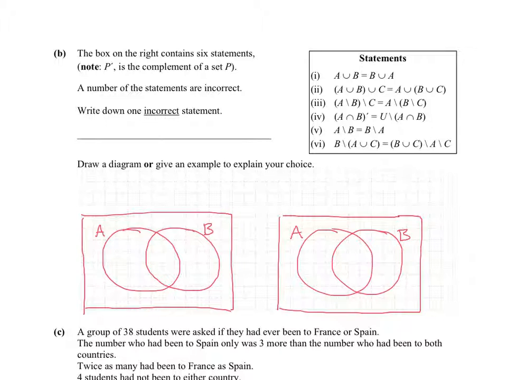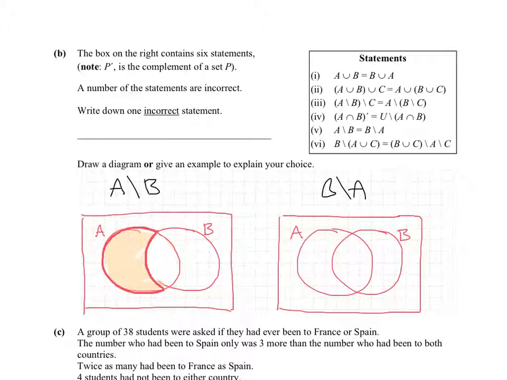Next, if we look at statement 5, so that's A less B and B less A. So if we just imagine what we're dealing with, we're talking about everything that is in A, but we are taking away from that anything that is in B. And we're left, as a result, this section, this moon shape section here.